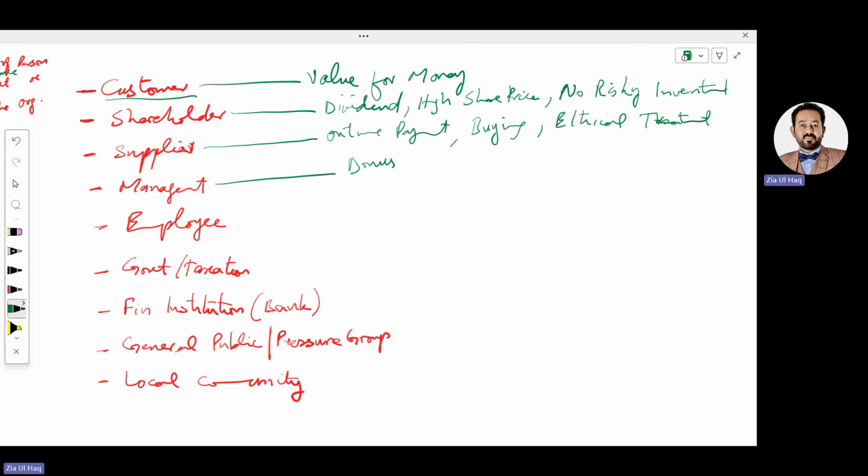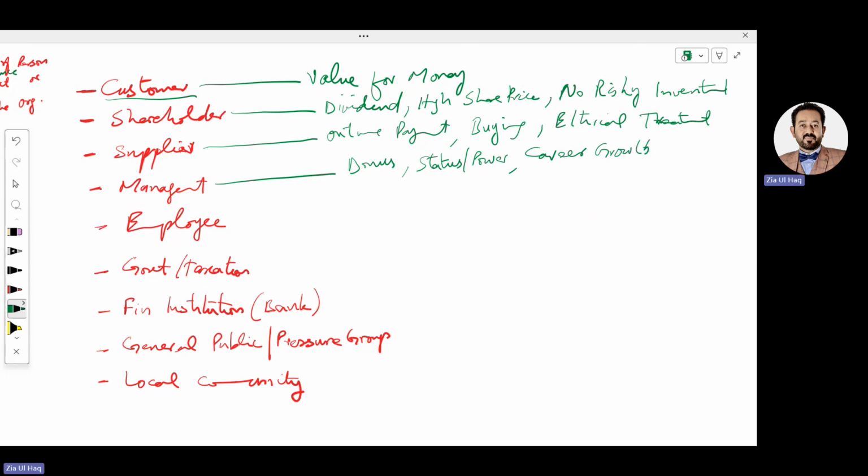If you move to another supplier, his business will be destroyed. Is that how he was supporting you, giving you goods on credit? No. What does management want from the business? High bonus. What else? Status, power, career growth.